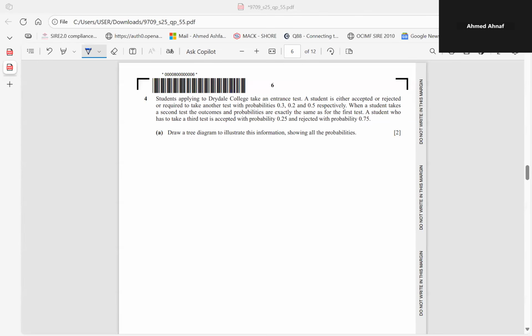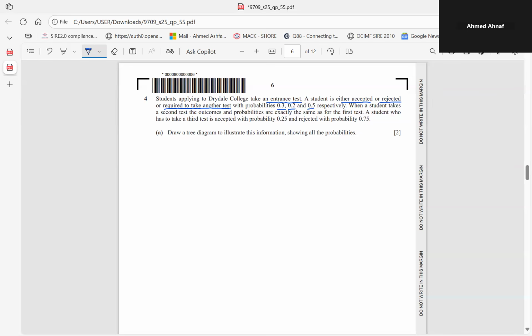For this question, we're told that students applying to Drysdale College take an entrance test, and the outcome is that the student is either accepted, rejected, or required to take another test, with probabilities 0.3, 0.2, and 0.5. So getting accepted is 30%, rejected is 20%, and a second test is 50%.